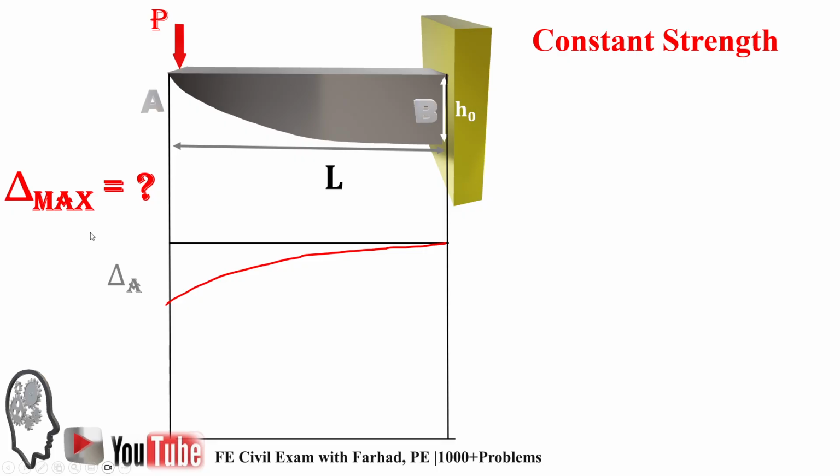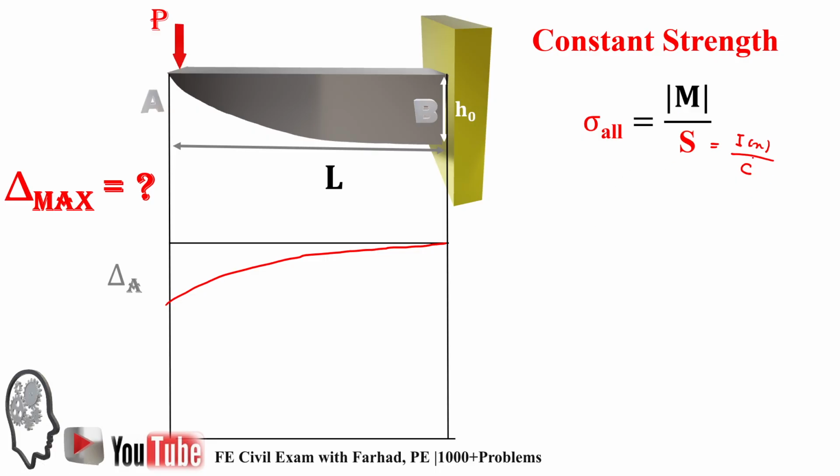Considering the non-prismatic concept of the beam, another name for a non-prismatic beam is a constant strength beam. That says the stress in any cross section is equal to M over S. Definitely M is changing from the beginning to the end, and the section modulus capital S, which is I over C, is also changing because I is a function of x, and C is changing too.